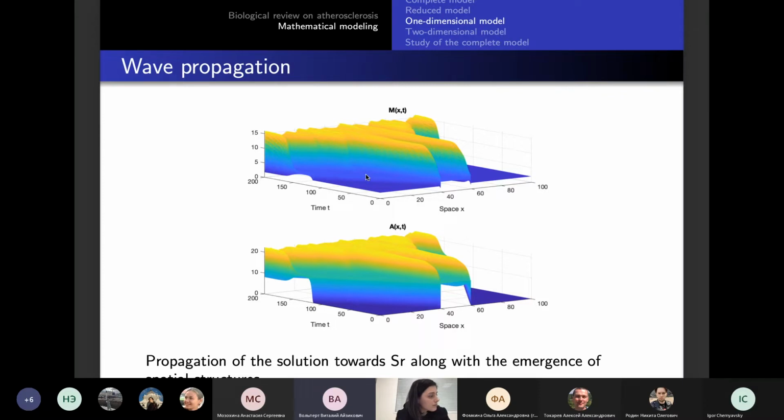It is stationary. It emerges and does not move anymore. But the area covered by this fatty streak grows in time. So they stay. Yes, I see. Okay. Thank you.